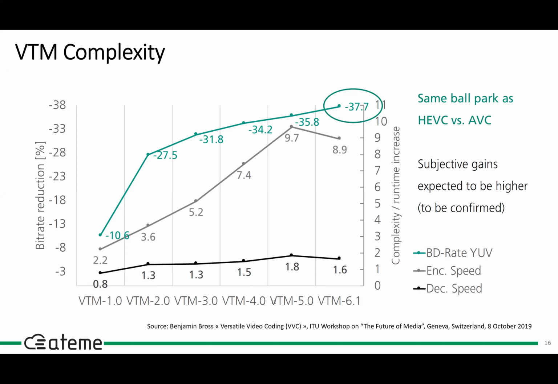So when we start the community draft, that is what we are seeing at MPEG. And then we are reducing the complexity in general of the codec, and still keeping the BD rate improvement. It's quite important for us because we are a live encoder company, so we are looking at the complexity as well and what we can do in the end.